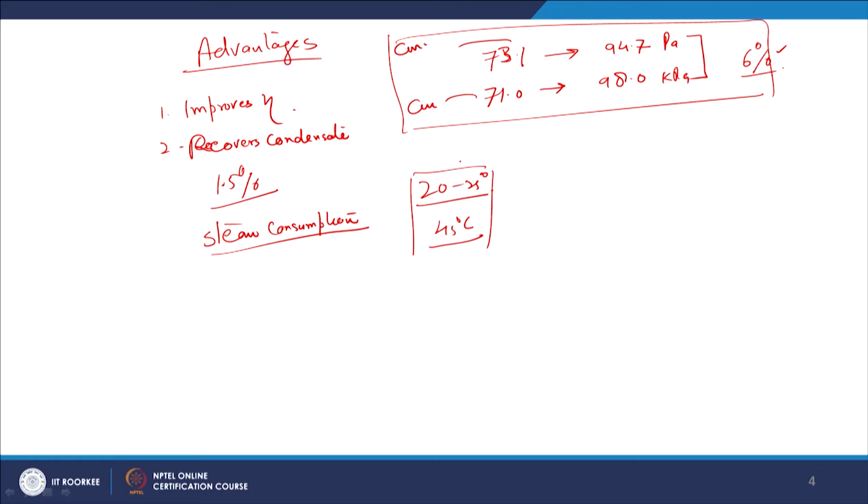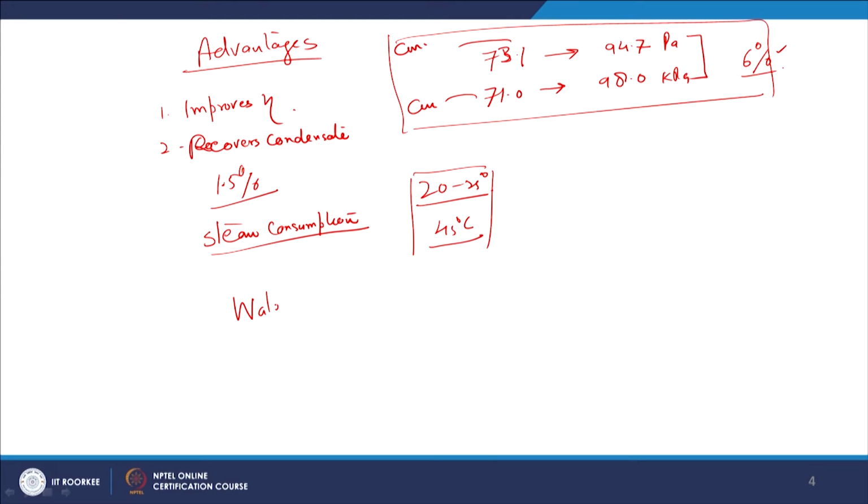So, in a closed loop the thermal stresses in the system are reduced, and the closed loop is attained by using a condenser. And there is the water softening plant, because we cannot simply put the water inside the system, since scaling will take place.